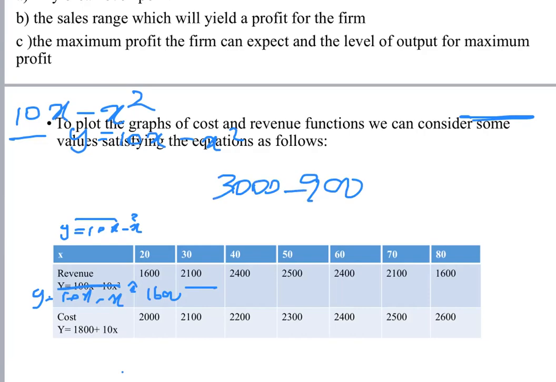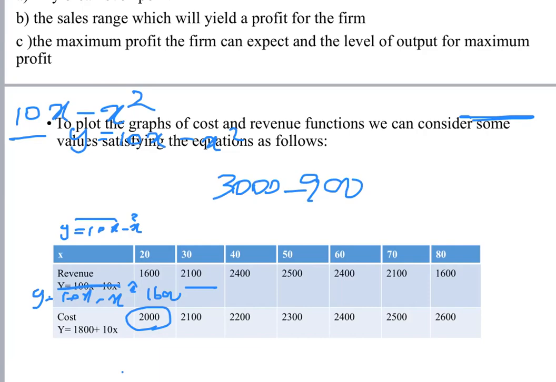Likewise you can get all the revenue values, and also the cost function. You can compute the cost when x equals 20, then 20 multiplied by 200, that means 200 plus 1800, altogether 2000. Likewise you can compute all the values.